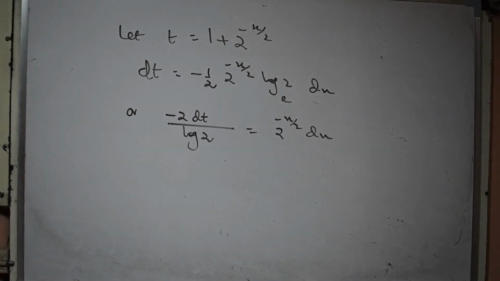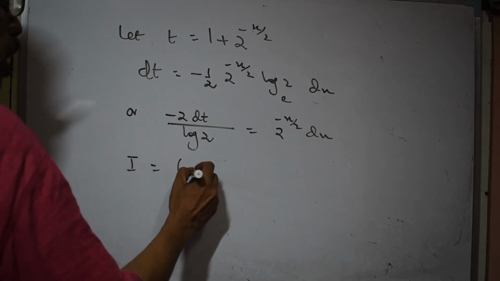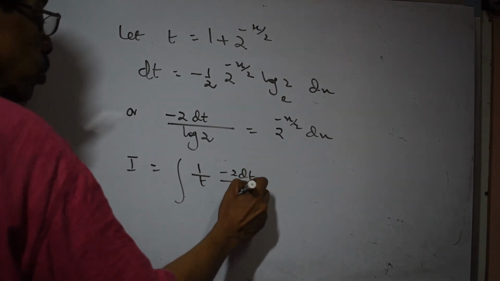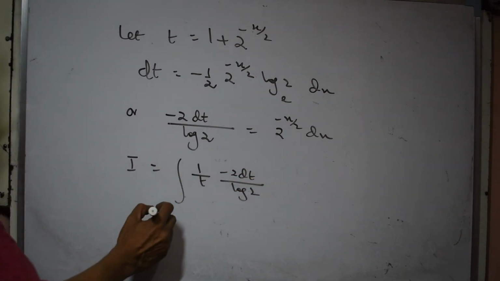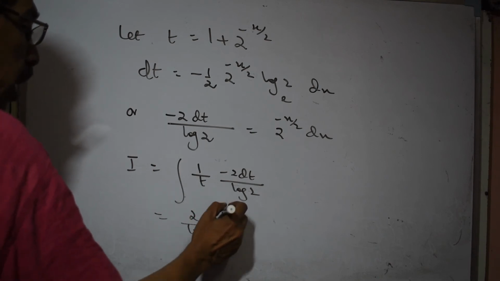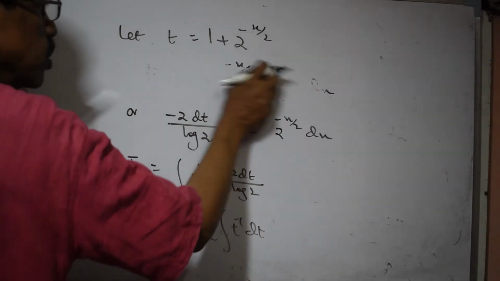So now coming back to the problem, we get 1 by t minus 2 dt by log 2. So you can take minus 2 by log 2 outside and t to the power minus 1. Now we can integrate t to the power minus 1 as log t.